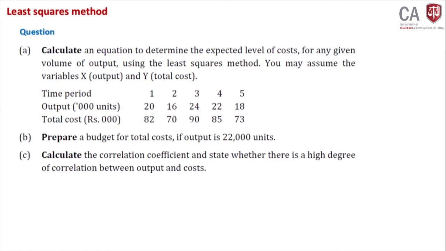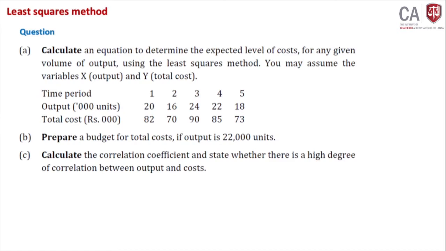You may assume the variable x as output. You have to assume this as output in this question, and y as total cost. So let's visualize numbers. Let me erase this properly.